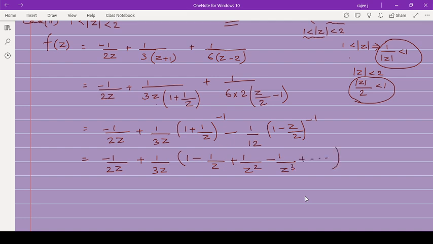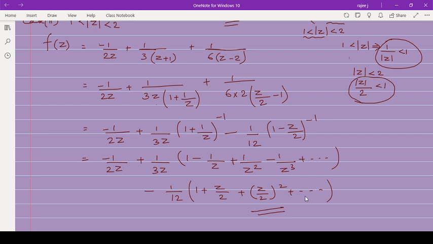Minus 1 by 12 into, here both are negative, 1 minus x raised to minus 1 formula. So it is 1 plus z by 2 plus z by 2 square plus etc. Okay, this is the second case.